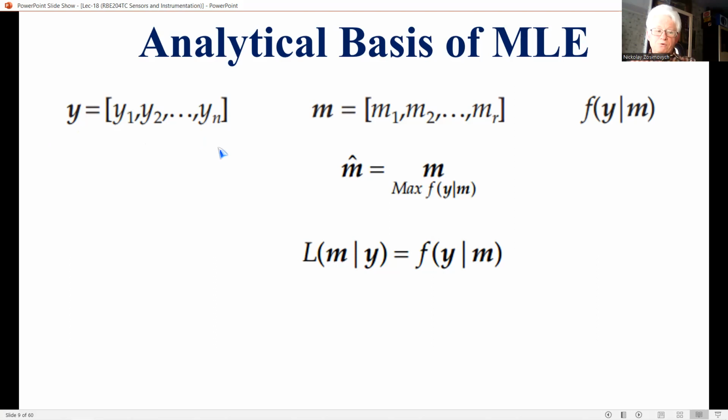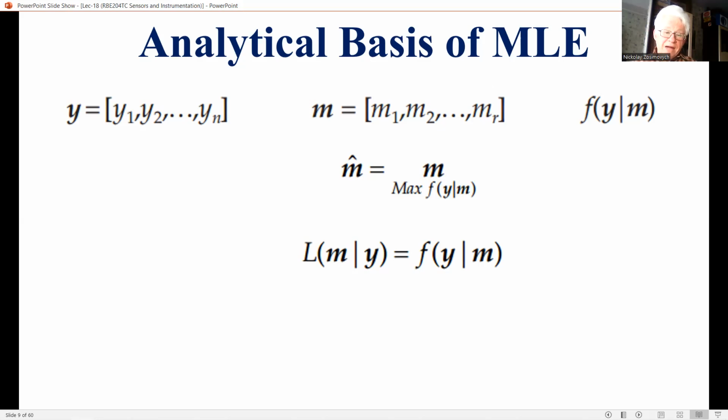Also, suppose that the random process or actual process and sensing that generated the data is represented by a probability distribution function with the following parameters: m1, m2, up to m sub r. These are model parameters and are unknown.